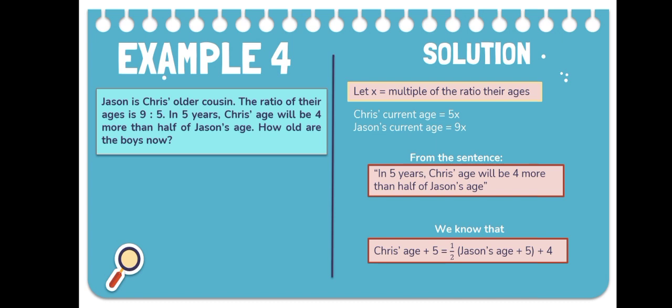So Chris' current age is 5x, and Jason's current age is 9x. From the sentence, in 5 years, Chris' age will be four more than half of Jason's age. So we know that Chris' age plus 5 equals one half of Jason's age plus 5, plus 4.